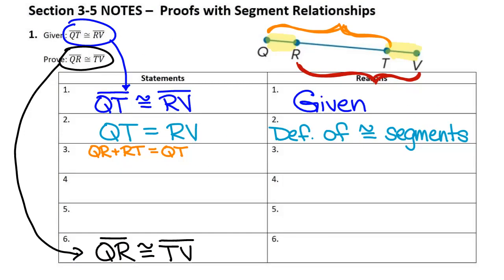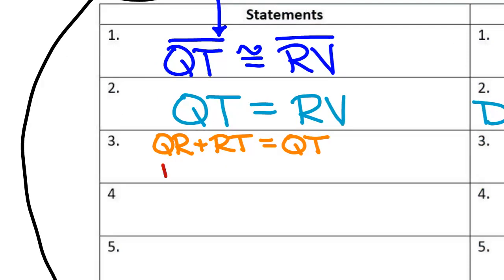Can I make a similar statement about RV? Is RV made up of two smaller segments? RT and TV. RT plus TV equals RV.